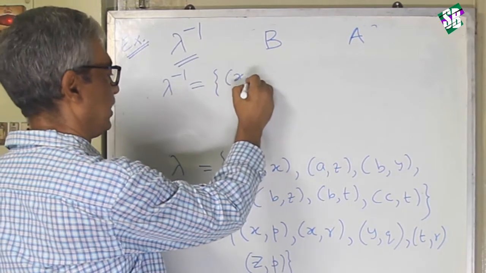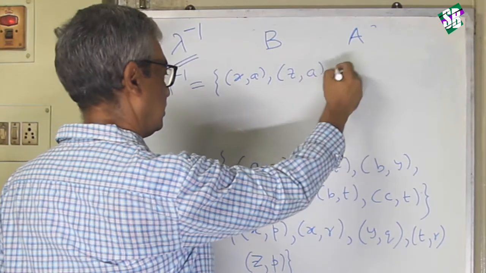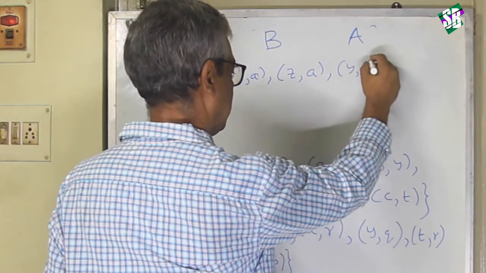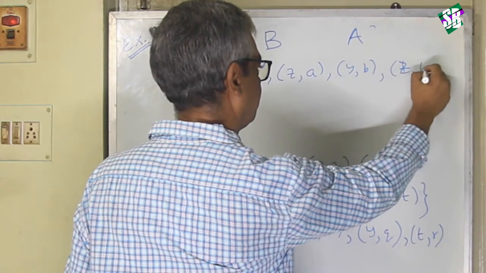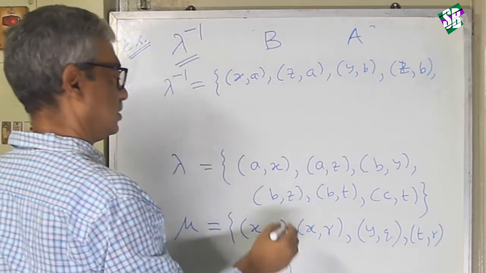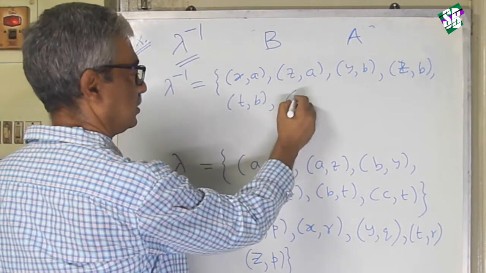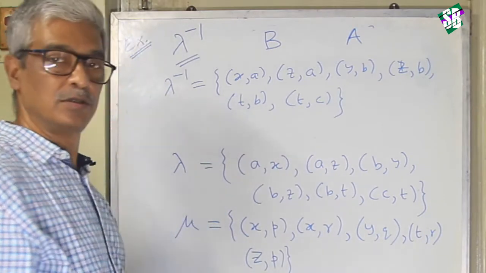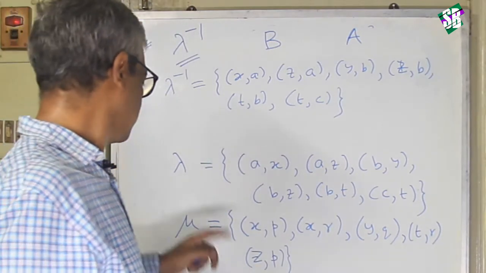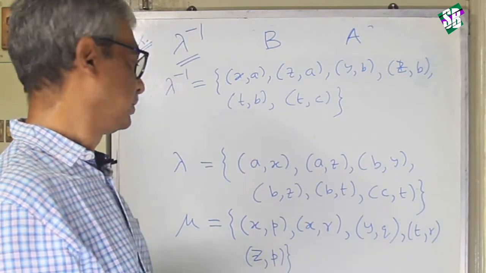This is (x,a), (z,a), (y,b), (z,b), (t,b), (t,c). Clear? So I think you can yourself write mu inverse. Okay.